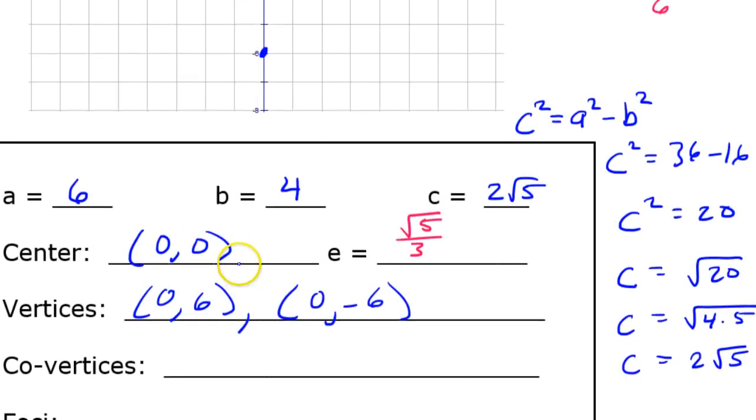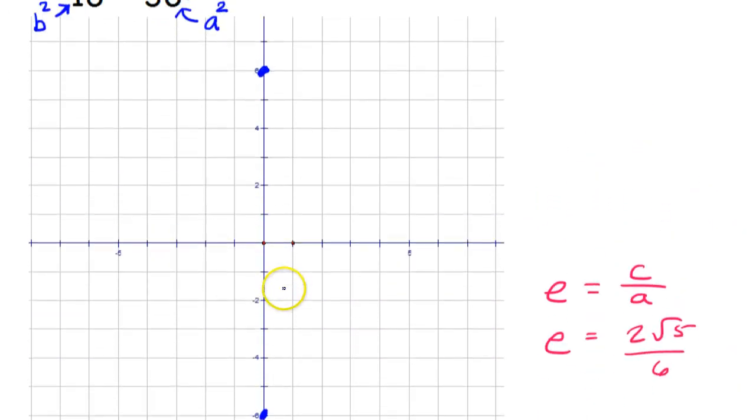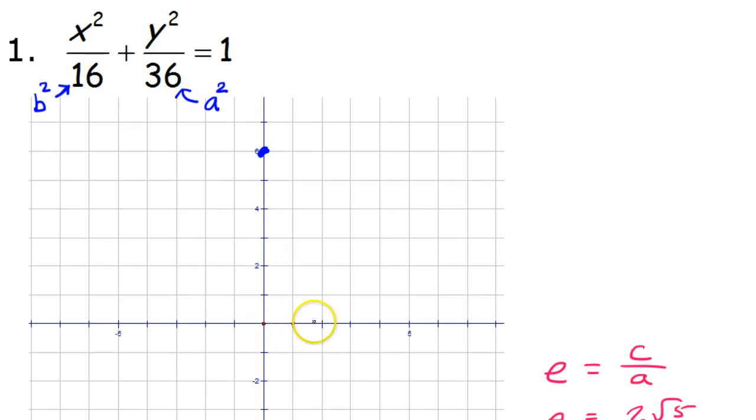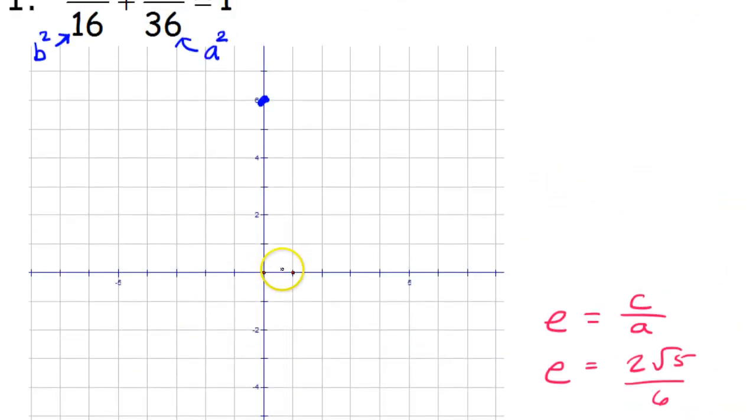Similarly, the co-vertices are always going to be associated with the B value because the smaller number is with the x. We know this B value will be in the horizontal direction. So the B value of 4 tells me that I will go left 4 and right 4 from the origin.